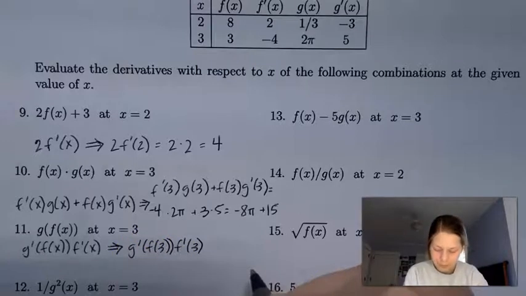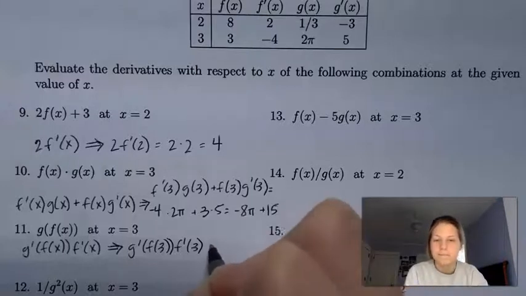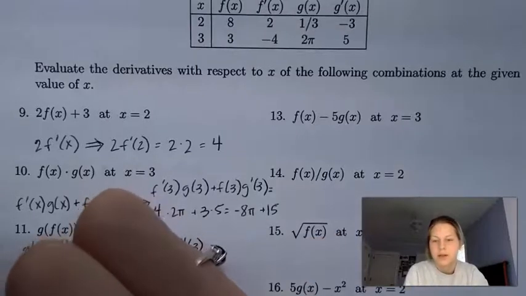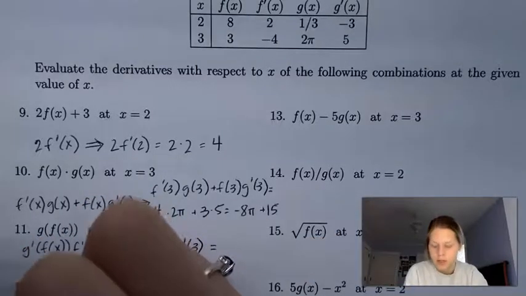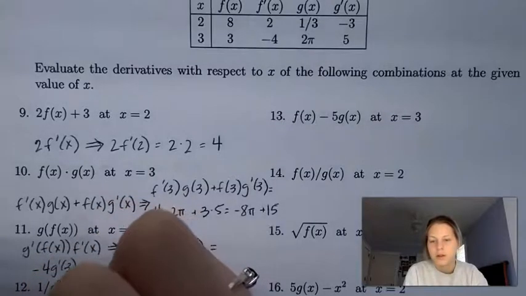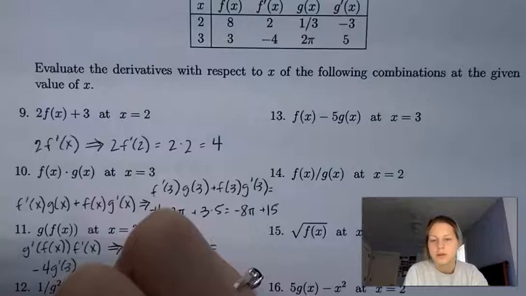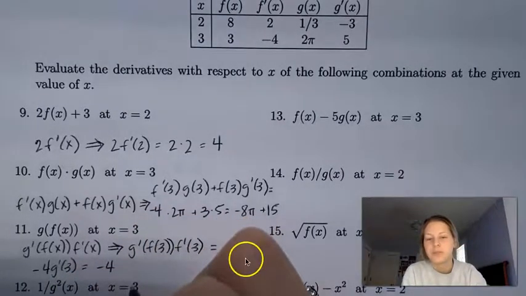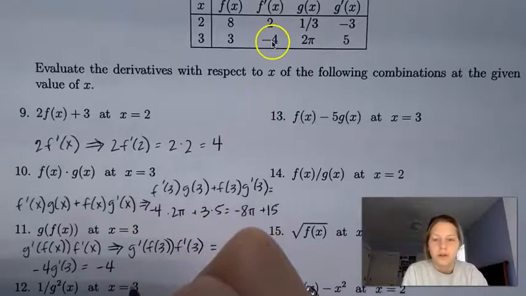So then we will get negative 4 times g prime of 3 as our next step. How we did that was we found that f prime of 3 is negative 4. So that's where we get the negative 4 in the front.